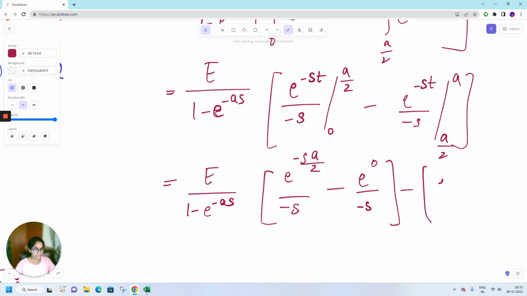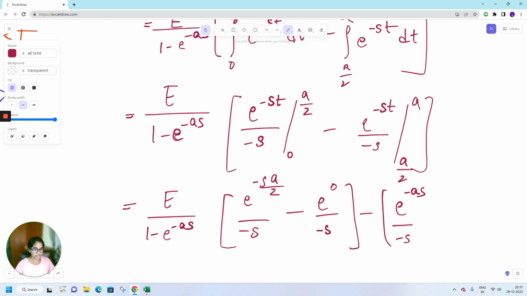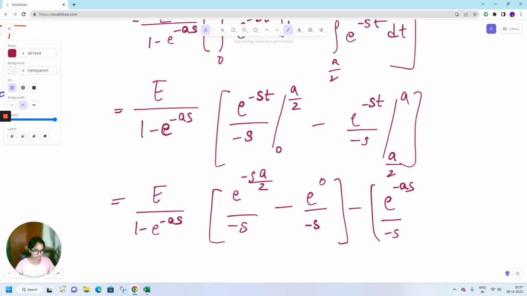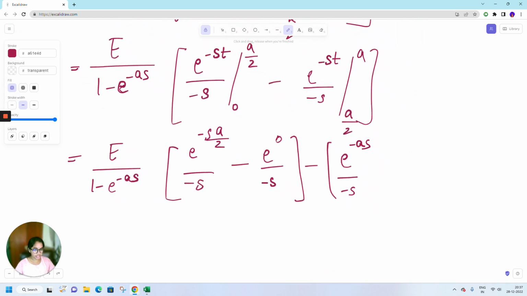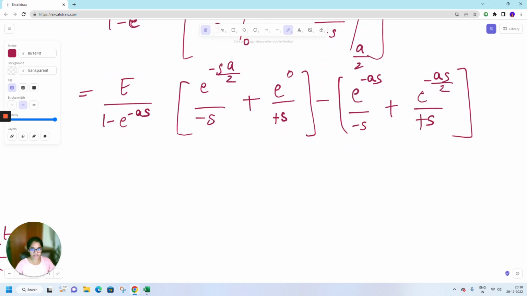Minus e power minus as divided by minus s upper limit minus lower limit minus e power minus as divided by 2 divided by minus s. This minus and minus becomes plus. Even here this minus and minus becomes plus.